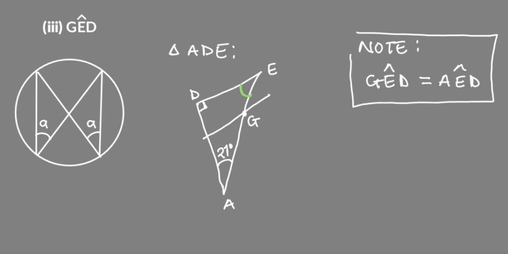So if you know this, then we can just start calculating like we just did again. This angle here is going to be found using the sum of interior angles of a triangle.